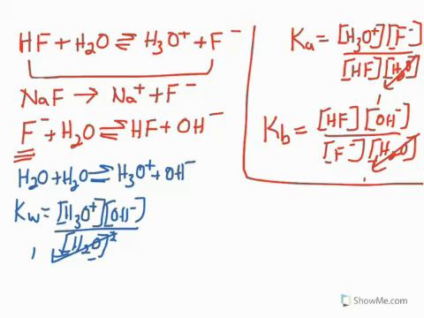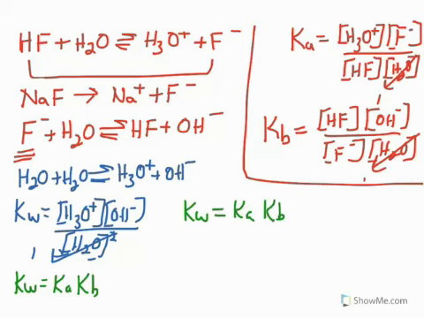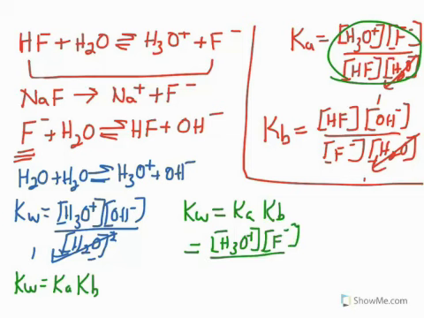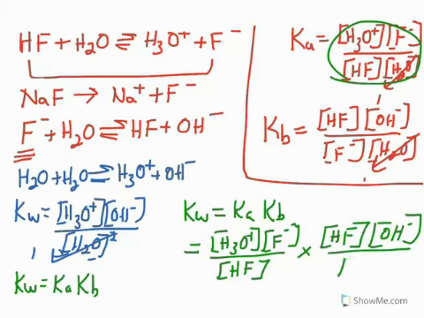So now, we know the equation for Kw. I told you that Kw is equal to Ka times Kb. So if I say Kw equals Ka times Kb, then I can plug in for Ka this equation up here, the concentration of H3O+ times the concentration of F- divided by the concentration of HF, and times Kb, which is the concentration of HF times the concentration of OH- divided by the concentration of F- from this equation right here.